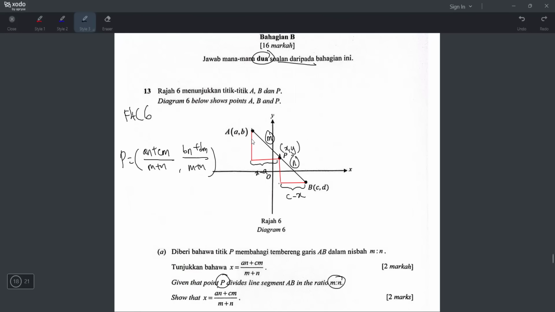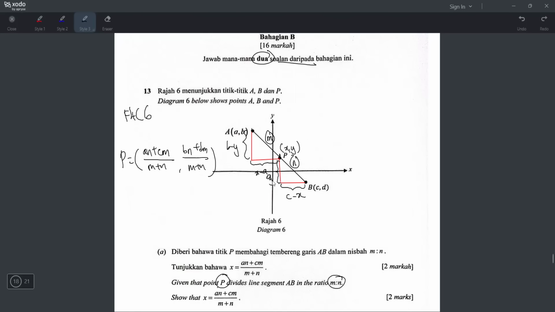You can do the same for the y coordinate. The higher one is b, the lower one is y, so b minus y. And this one also, y minus d.